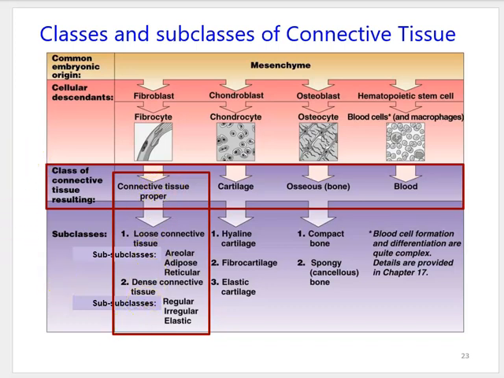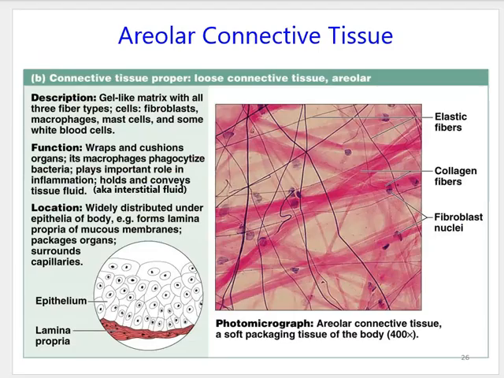So we start with the loose connective tissue proper, and this is areolar connective tissue. This drawing shows transitional epithelium with a lamina propria deep to it, or basal to it, and that would be made of areolar tissue. Let's see what we can see in this areolar tissue.